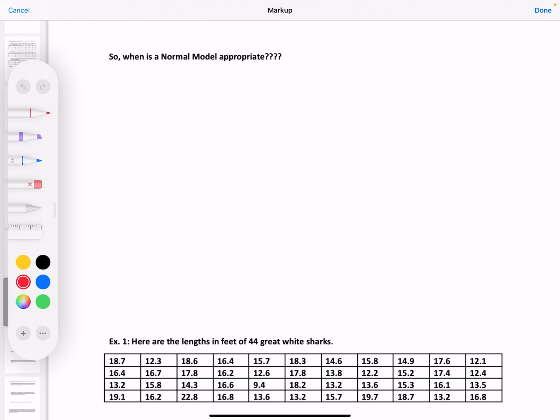What has to be true about the histogram in terms of its shape? Symmetric. Okay, it's got to be symmetric. So the histogram is symmetric. What else has to be true about it? Unimodal.